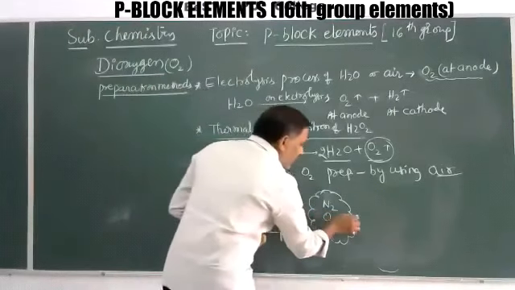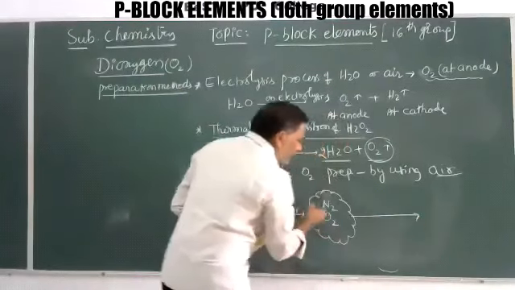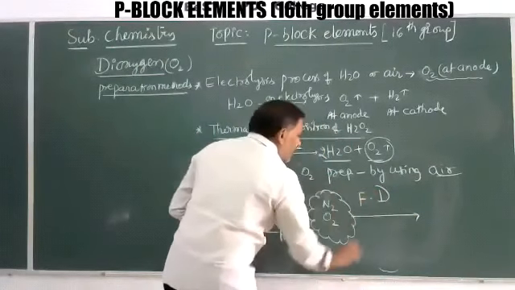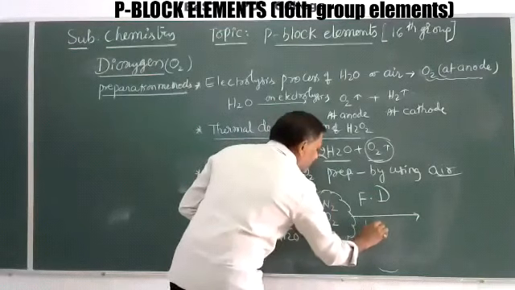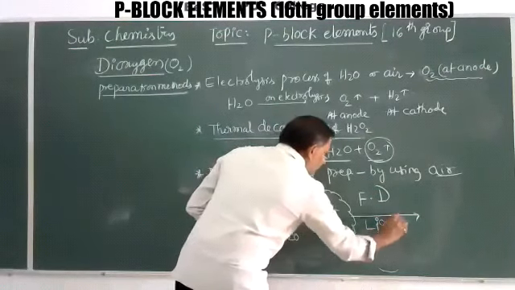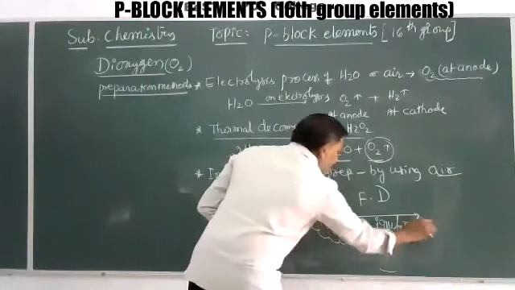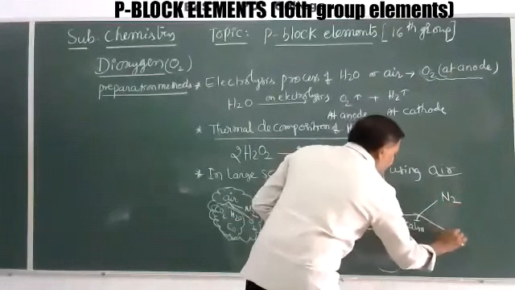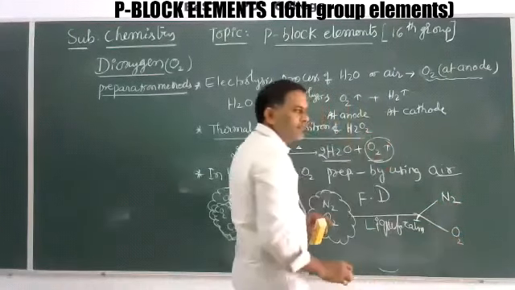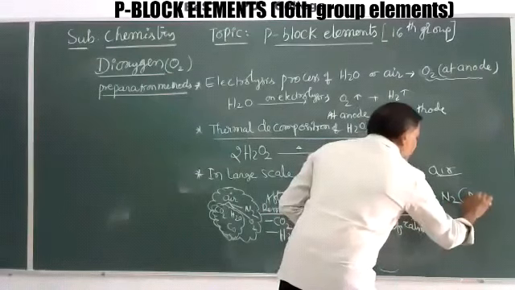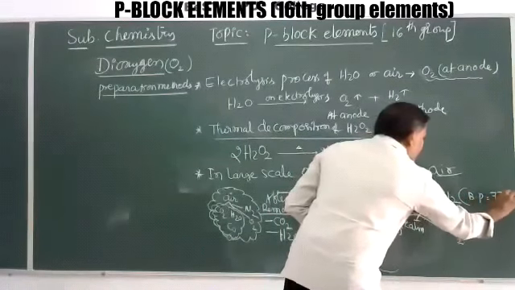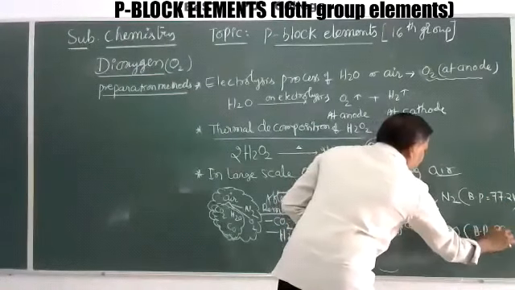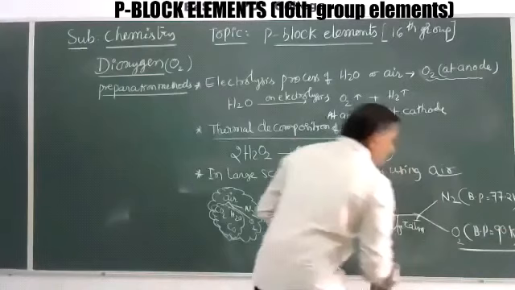This nitrogen and oxygen were already covered in the preparation of dinitrogen, by using fractional distillation and the liquefaction method. By using liquefaction and fractional distillation, we can separate dry nitrogen gas and dry oxygen gas. Nitrogen's boiling point is 77.2 kelvins. Oxygen's boiling point is 90 kelvins.